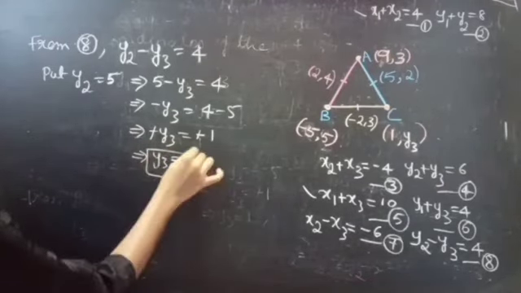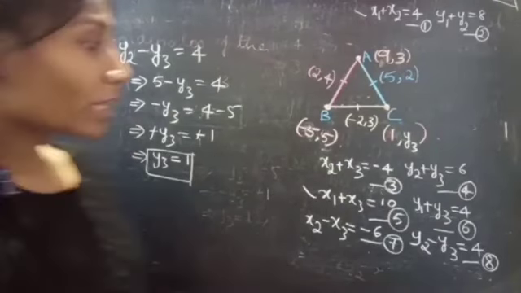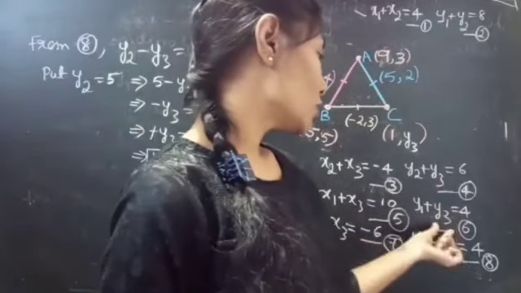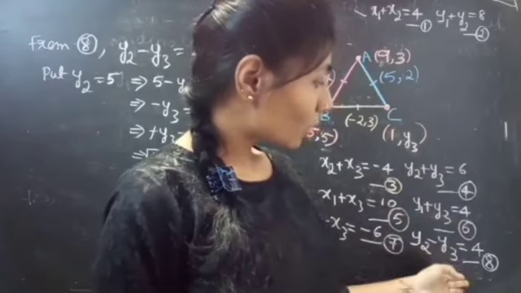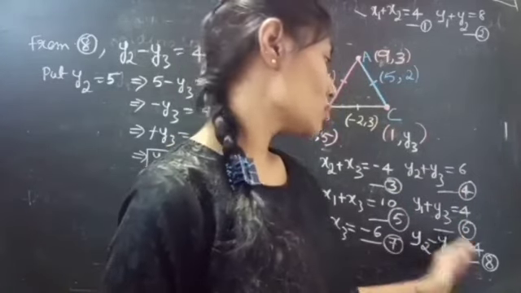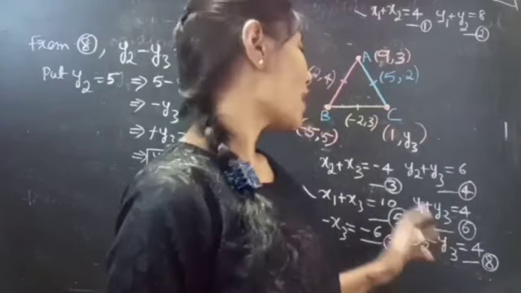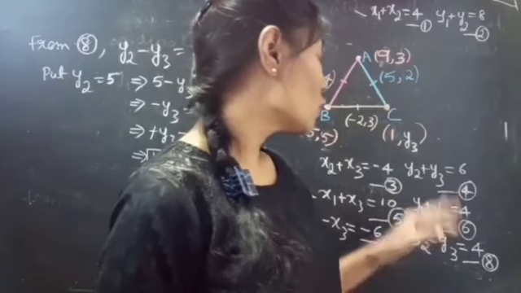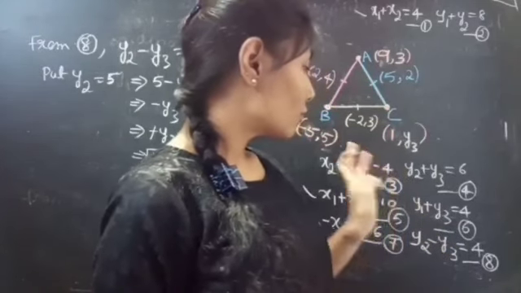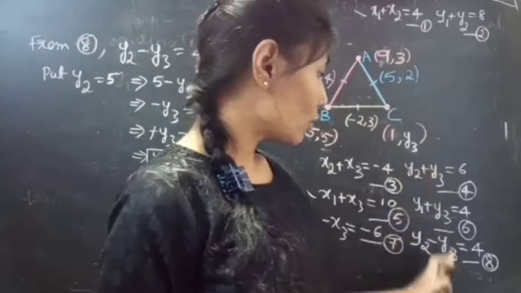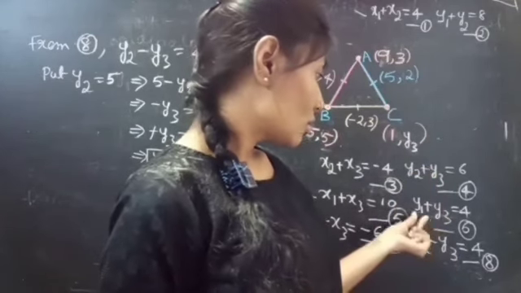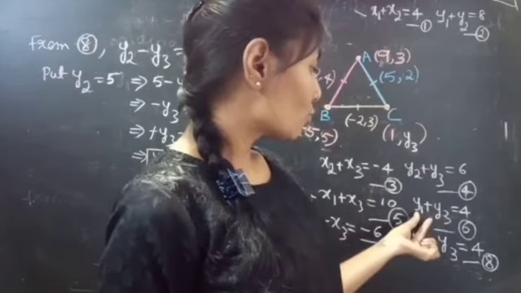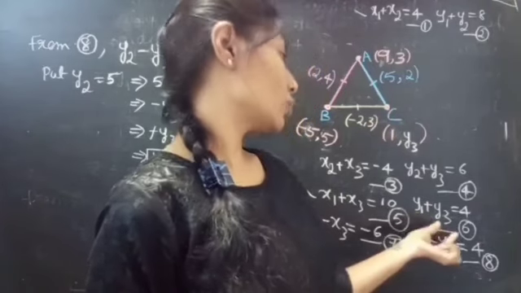Likewise, you can find the value of y3 using any of these three equations, that is equation 4, equation 6 or equation 8. Since we have the values of y2 and y1, you can substitute either y1 or y2 in any of these equations. If you consider equation 6, you substitute the value of y1 and get the value of y3.